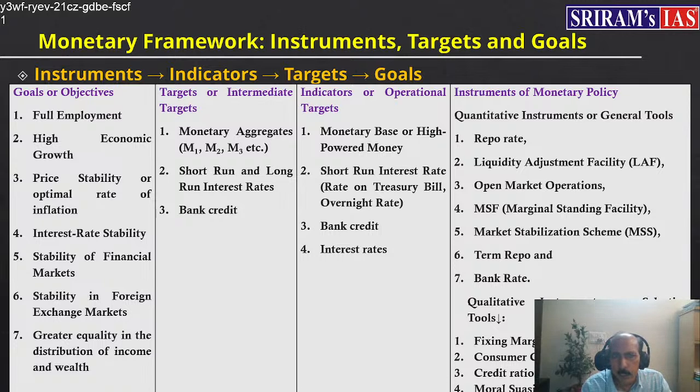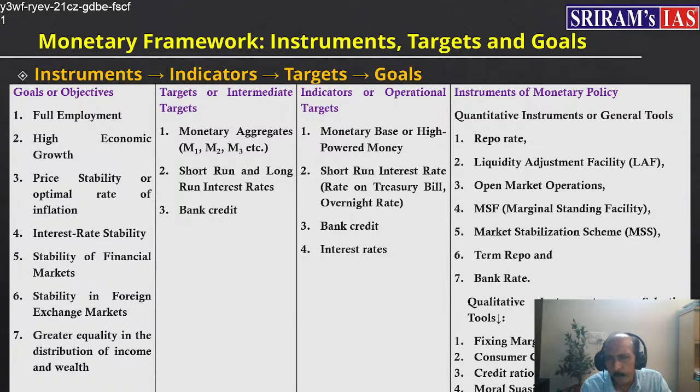Once the goal is set, we have to define the instruments, which instrument the RBI is going to use. Given the instrument, we find out which indicator it will affect immediately, and then the intermediate target, the operational target it will finally affect. And once these are defined, we reach the goal.